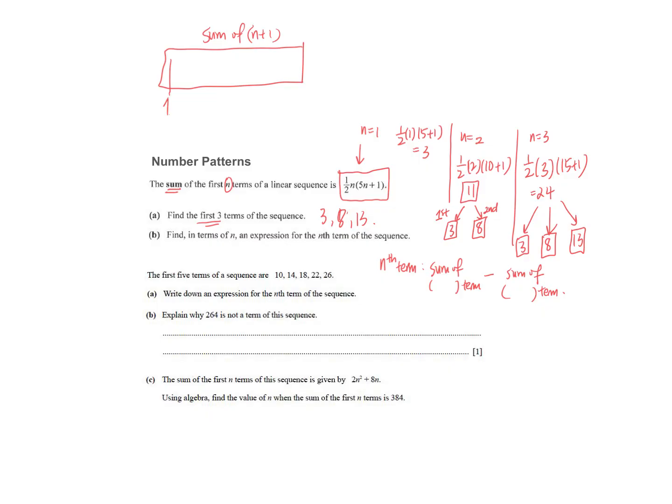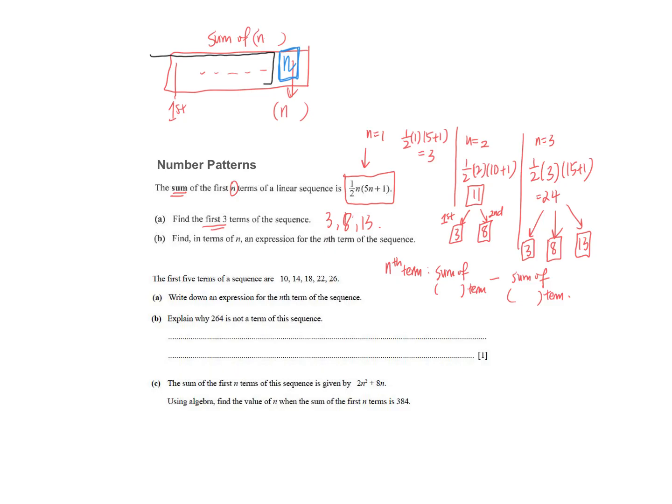My first term all the way until my n plus 1 term. Oh, sorry, this one should be up to n only, right? Sum of n terms. How do I locate what is my nth term? What should I subtract away? This is my nth term. I want to find this only. I don't want the rest. What should I subtract off? Everything before this term. This is called the sum of what terms?